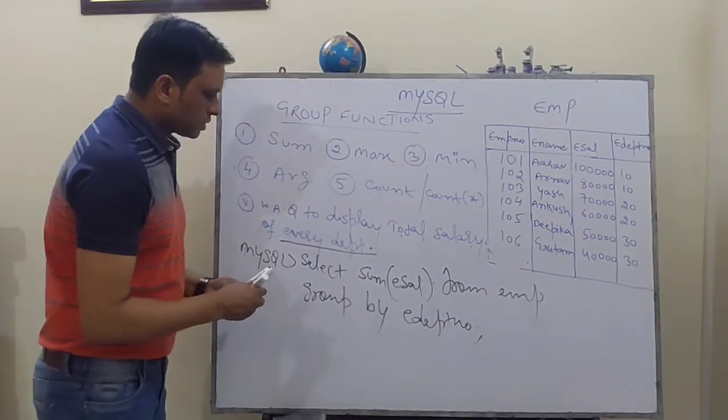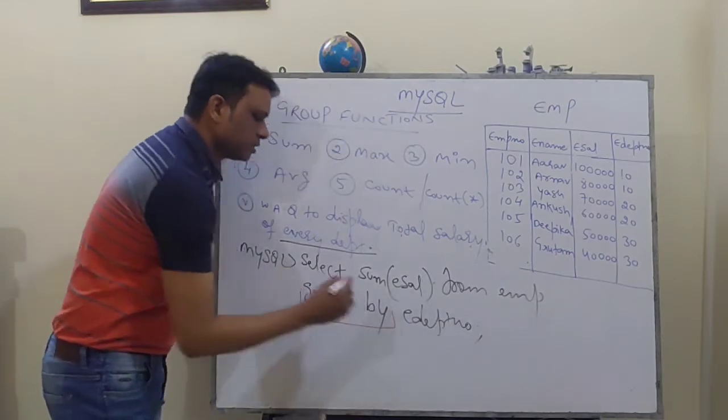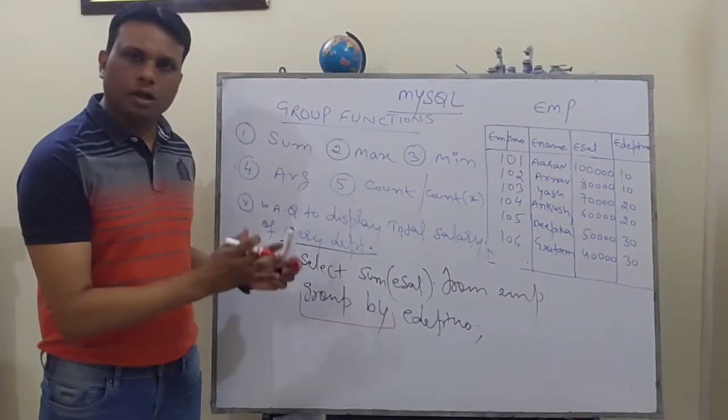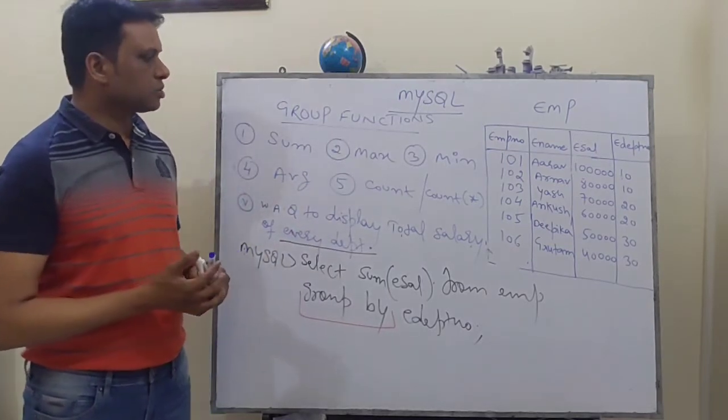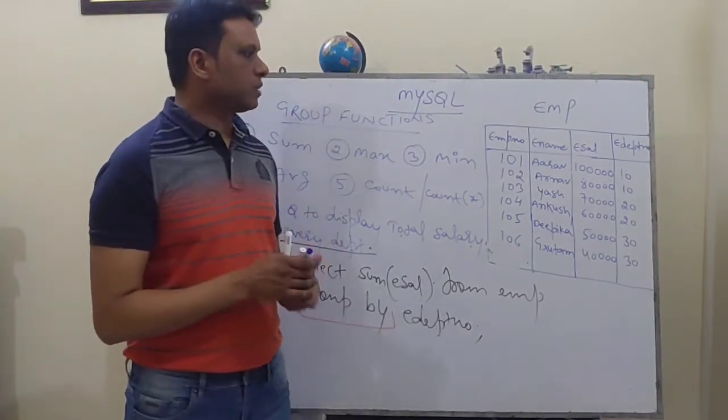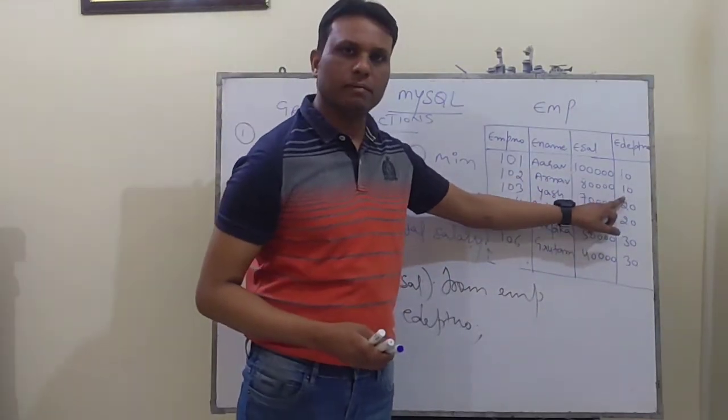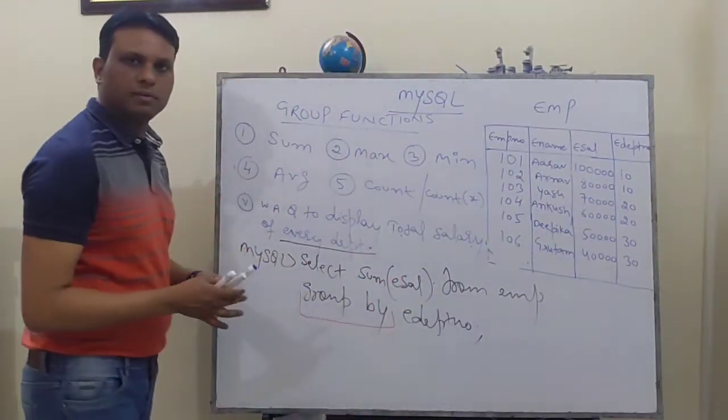Here, this group by is a clause of MySQL. It is basically used to combine those things together which are same. What result will you get with the help of this query?